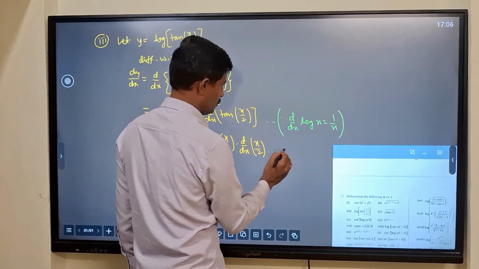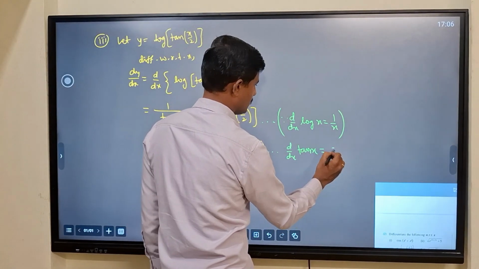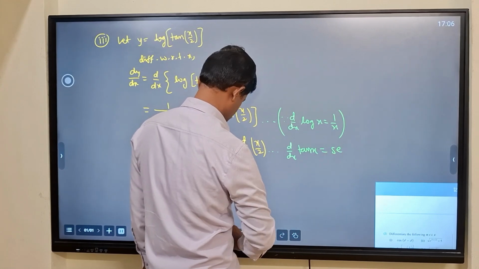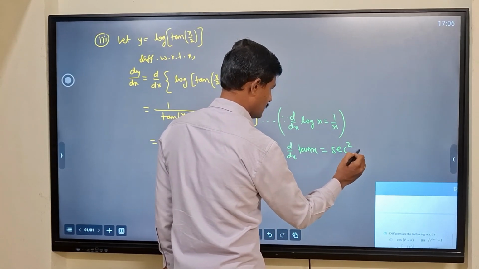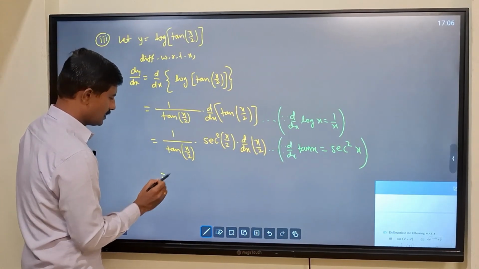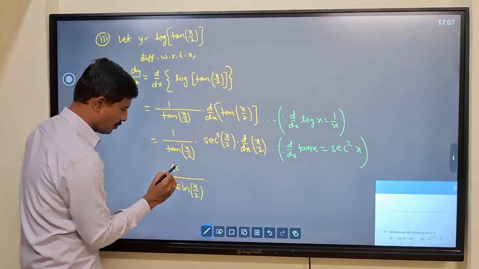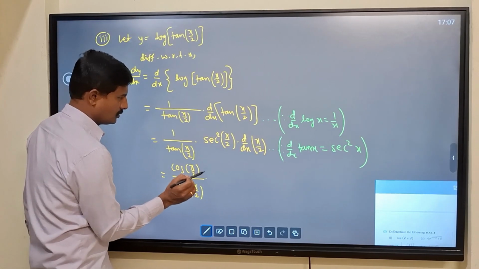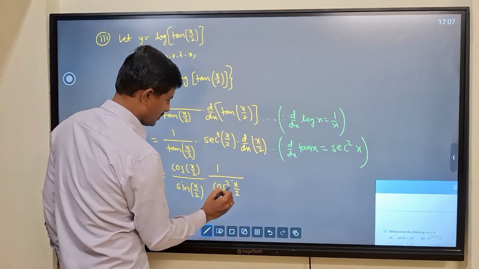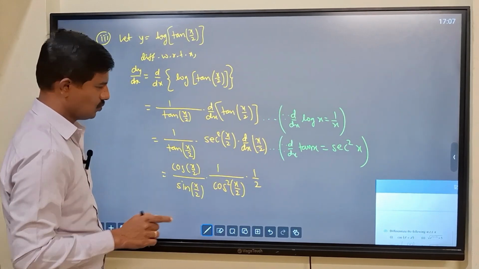So here we used the formula d dx of tan x is sec square x. Now I can write this tan as sine x by 2 upon cos x by 2. Similarly, sec square x by 2 will become 1 upon cos square x by 2, and this 1 by 2 is a constant, and differentiation of x is 1.